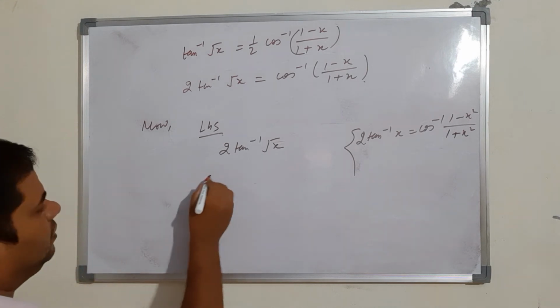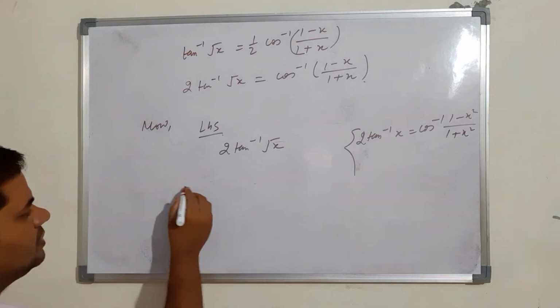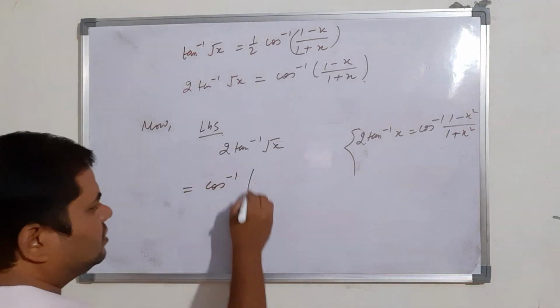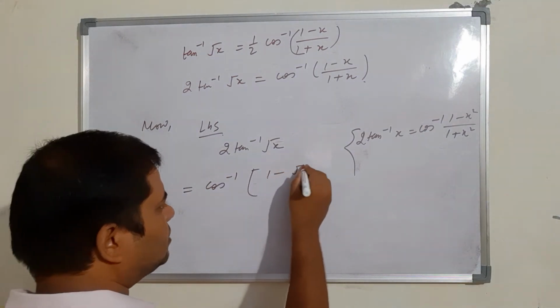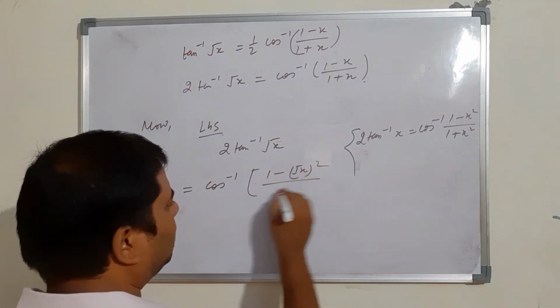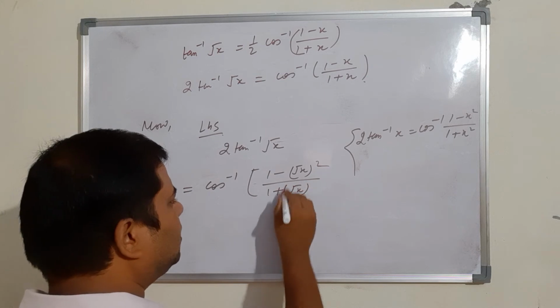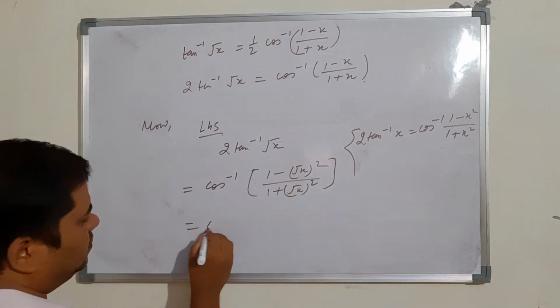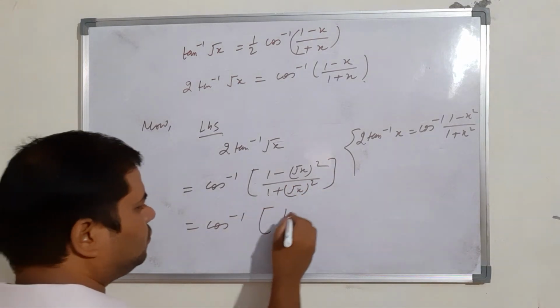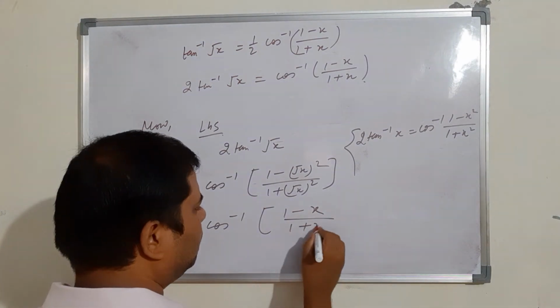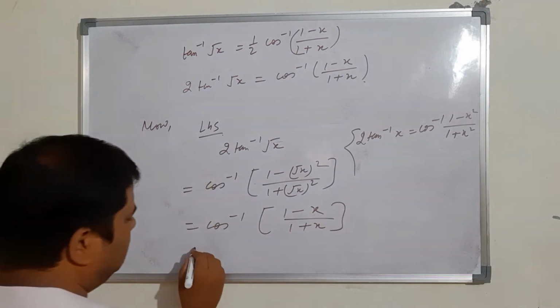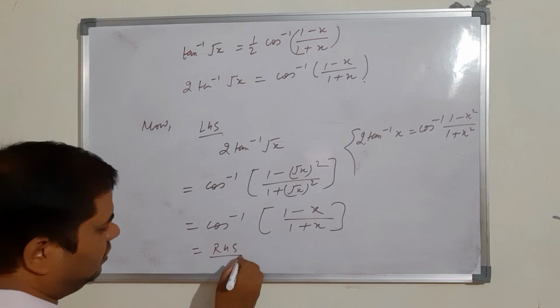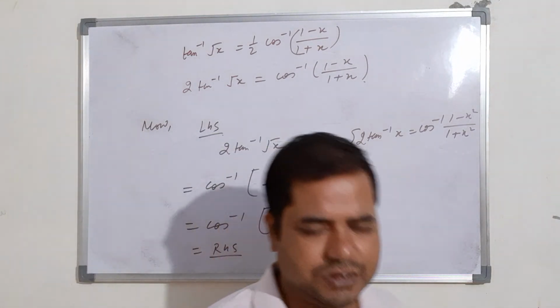So it will be cos inverse of 1 minus root x whole square upon 1 plus root x whole square, and this will become cos inverse of 1 minus x upon 1 plus x. So this is the RHS of that particular equation.